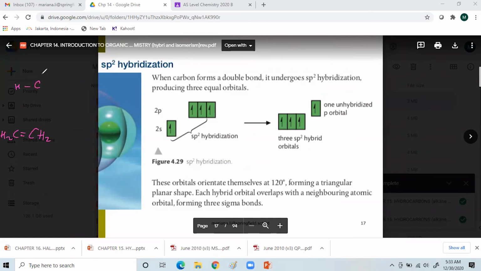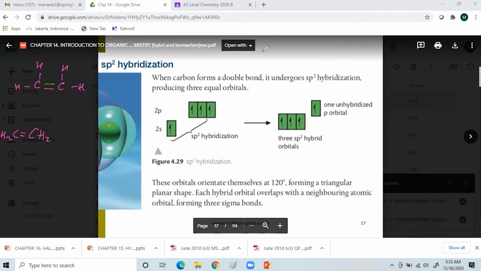You can see that there are 3 single covalent bonds on each C. But there is one more bond, known as the pi bond, to form the double bond. The pink is a sigma bond. So the excitation still needs to occur since it needs 3 single covalent bonds.